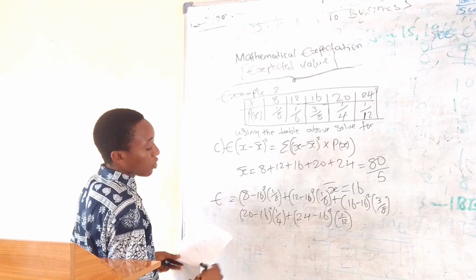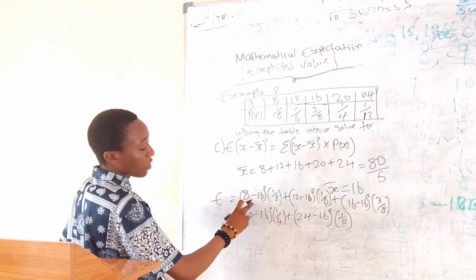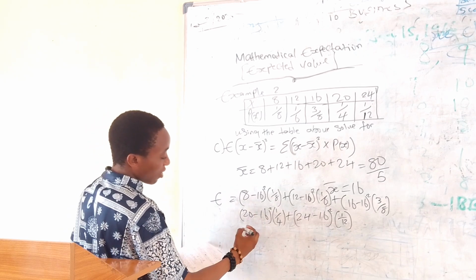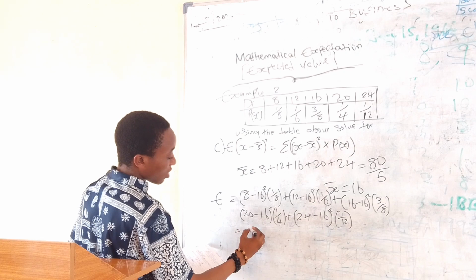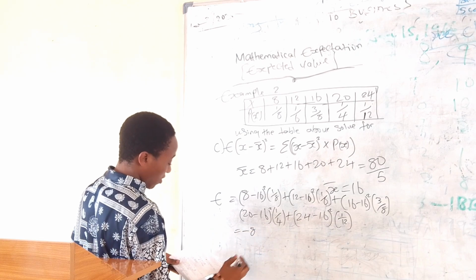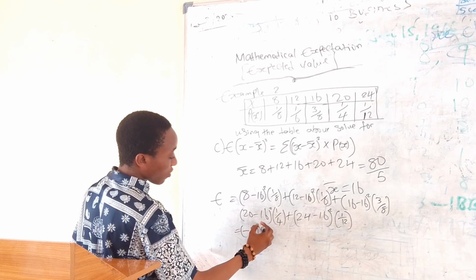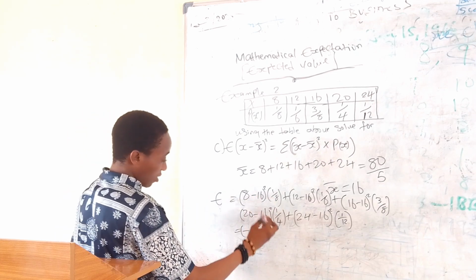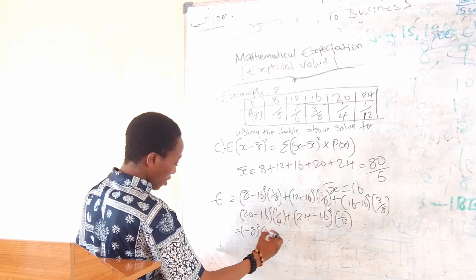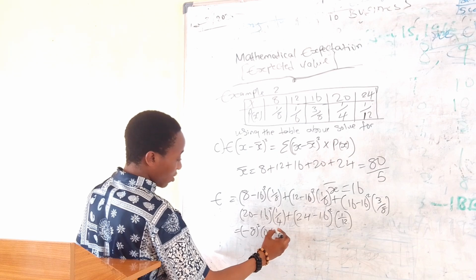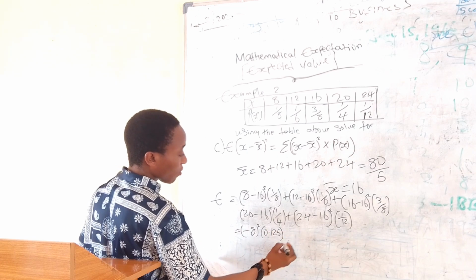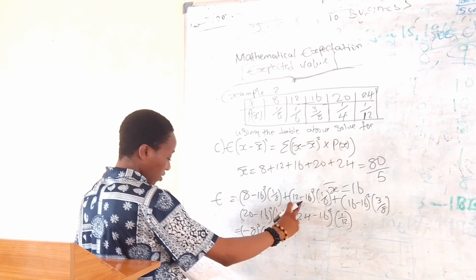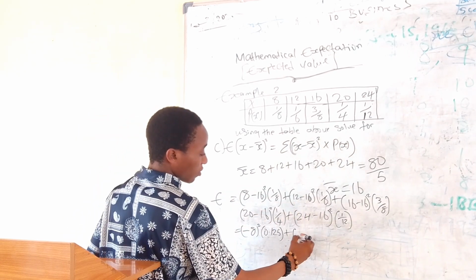The next thing that we do is to subtract. So we have 8 minus 16 is equal to minus 8. Minus 8 to the power of 2, multiplied by 1 divided by 8, which gives us 0.125, plus 12 minus 16 gives us minus 4.